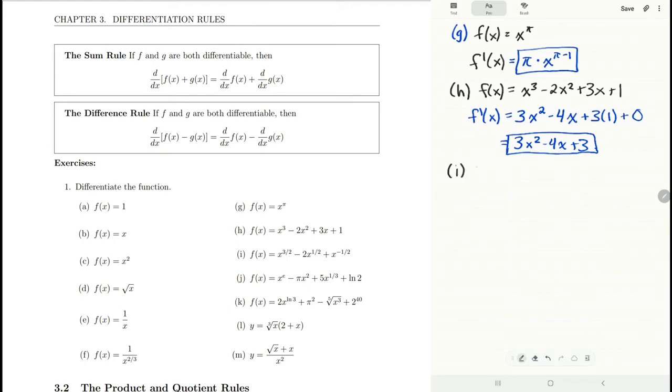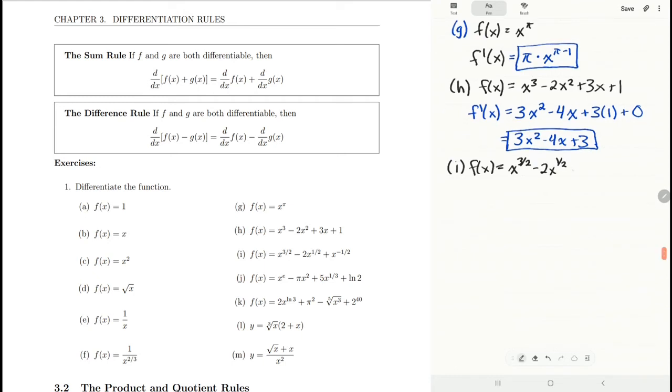In the next example, we have f is x to the 3 halves minus 2x to the 1 half plus x to the negative 1 half. So here we're dealing with more power functions. So again, let's apply the power rule to each term separately. So the derivative is 3 over 2 times x to the power of 3 over 2 minus 1.